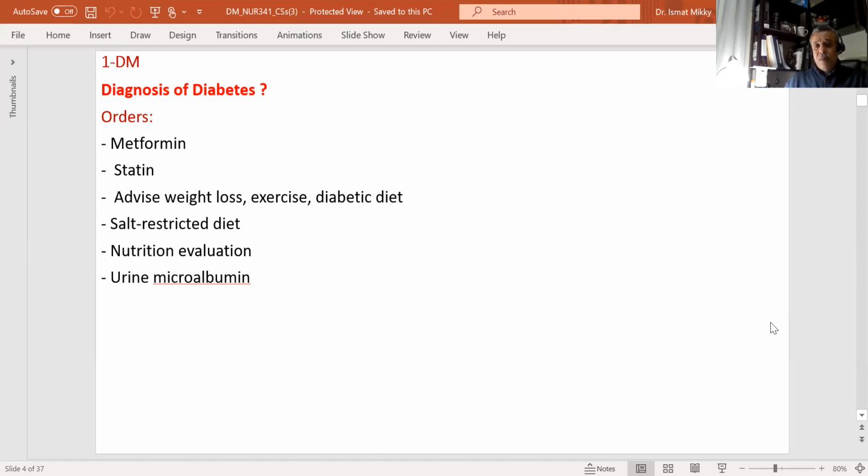Random plasma glucose over 200 with symptoms is diagnostic, or fasting glucose over 125, or a 2-hour oral glucose tolerance test over 200 with or without symptoms, or hemoglobin A1C over 6.5%.